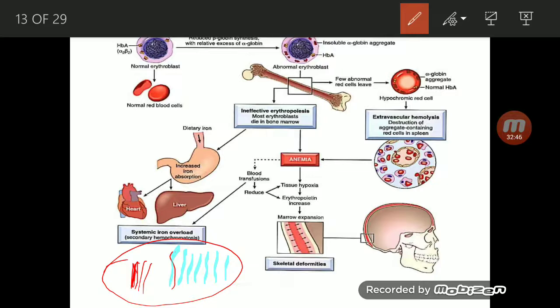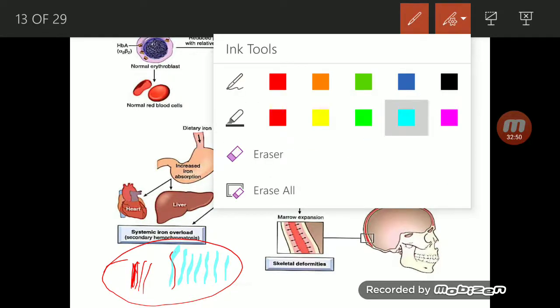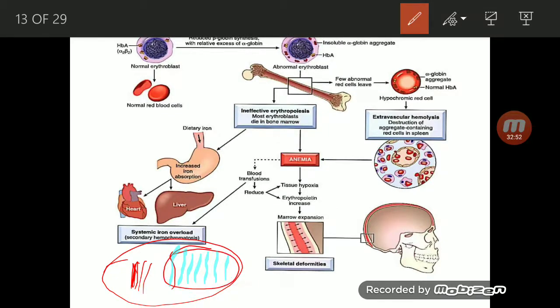So you will have excess unpaired alpha globin chains. These alpha chains will not be paired because there is less beta chain being produced, and this unpaired alpha chain normally forms insoluble aggregates.